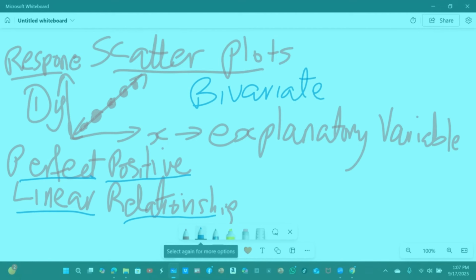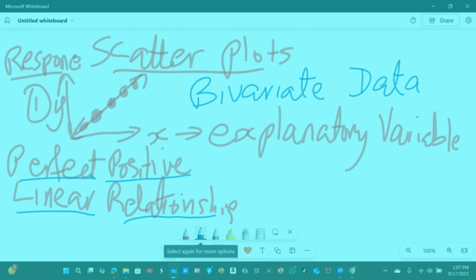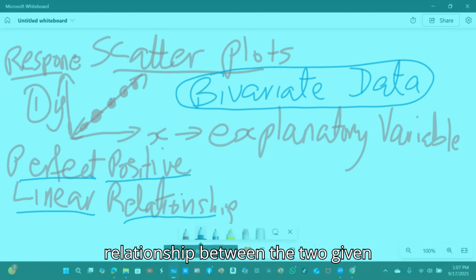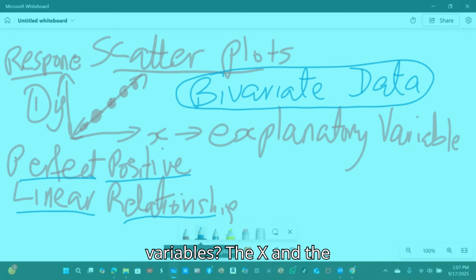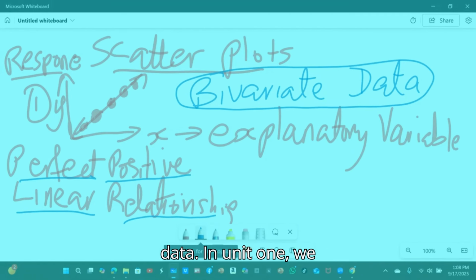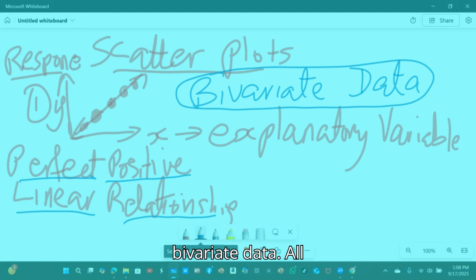The data we're working with, there are two of them, so we are comparing two variables. What is the relationship between the two given variables, the x and the y? The x is the explanatory variable, y is the response variable. Both of them, so bivariate data. In Unit 1, we had univariate data. In this Unit 2, we are talking about bivariate data.